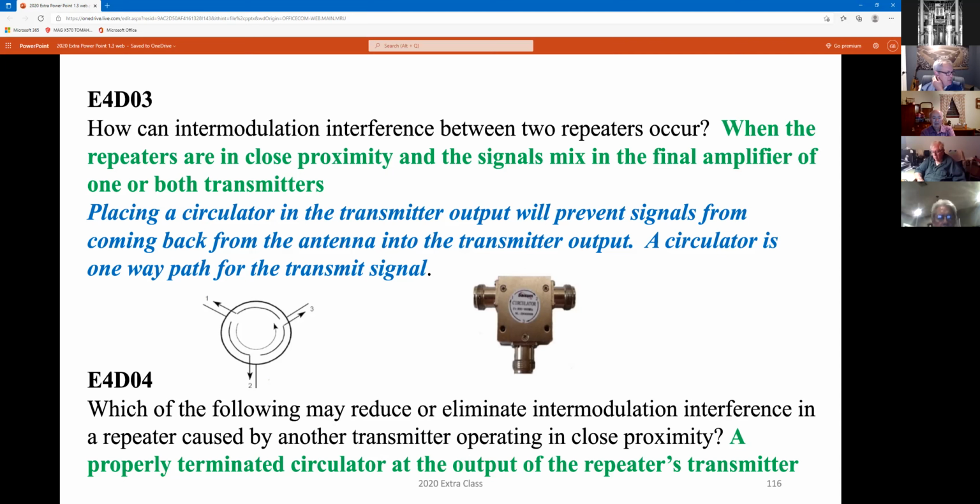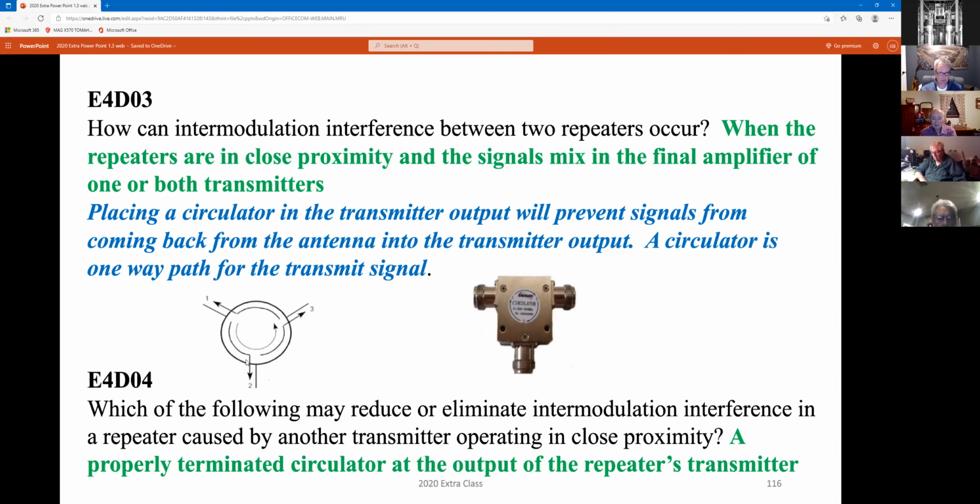When the repeaters are in close proximity and the signals mix in the final amplifier of one or both transmitters. And the solution is to use a circulator, which the next question is about as well. Which of the following may reduce or eliminate intermodulation interference in a repeater caused by another transmitter operating in close proximity? A properly terminated circulator at the output of the repeater's transmitter.